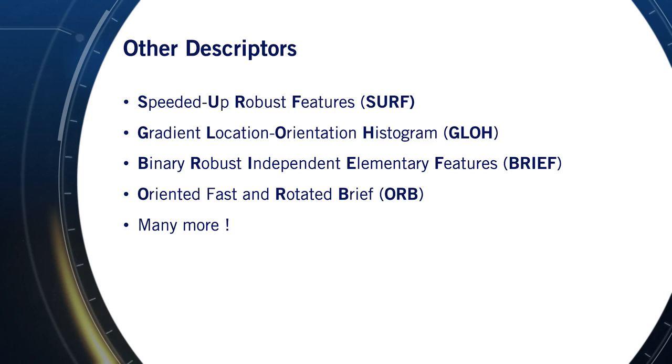The SURF descriptor, for example, uses similar concepts to SIFT while being significantly faster to compute. Many other variants exist in the literature, including the gradient location orientation histogram, or GLOH descriptor, the binary robust independent elementary features descriptor, or BRIEF, and the oriented FAST and rotated BRIEF descriptor, or ORB. This is a lot of acronyms to remember, but don't worry, we don't expect you to remember all of these, but you may see them in the implementations available for use in open source computer vision libraries.